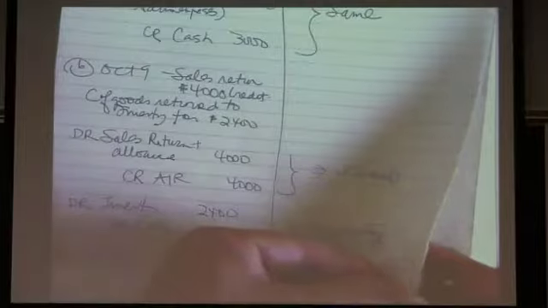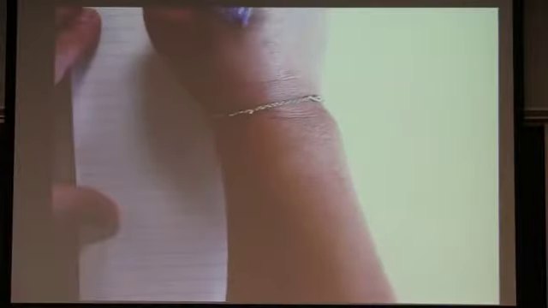Okay, so what happens on the 8th? Again, we're going to have two columns here, periodic, perpetual. For entry number 8, they paid the balance owing to the supplier.